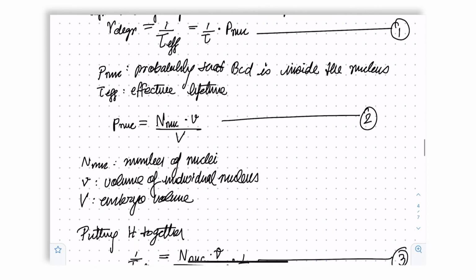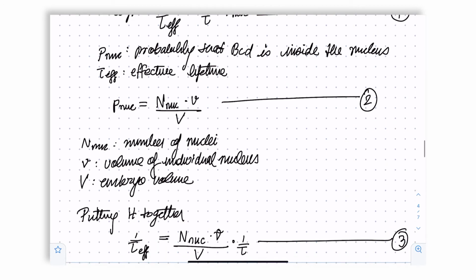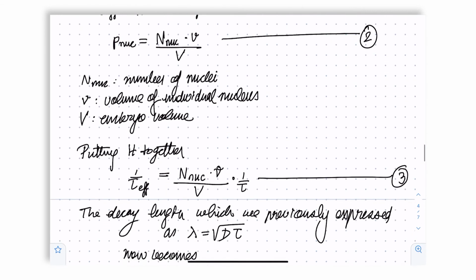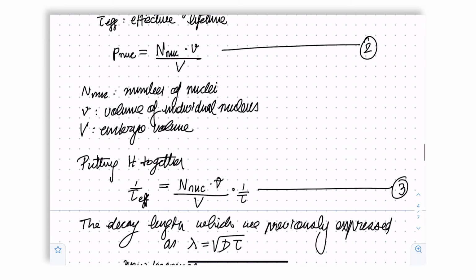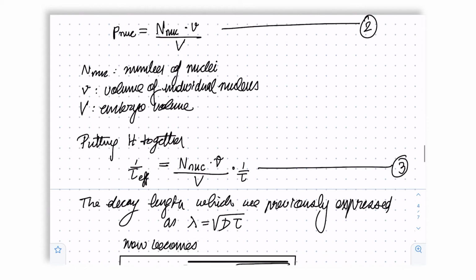N nuc is the number of nuclei, V small is the volume of individual nuclei, and V cap is the embryo volume. Putting it all together, 1 upon tau effective is equal to the number of nuclei times the volume of the nucleus upon the volume of the embryo, times 1 by tau.